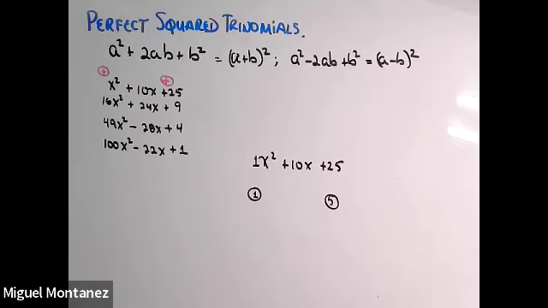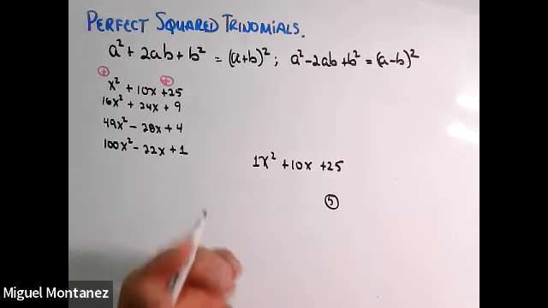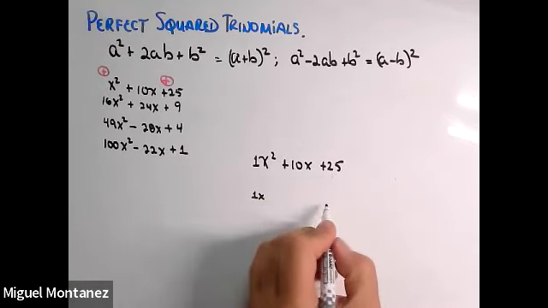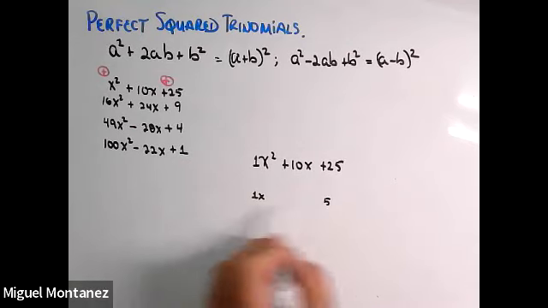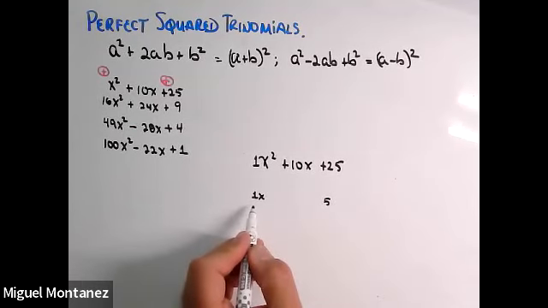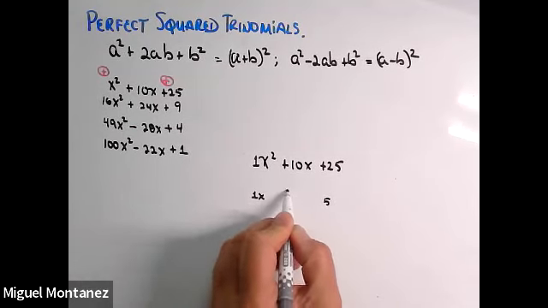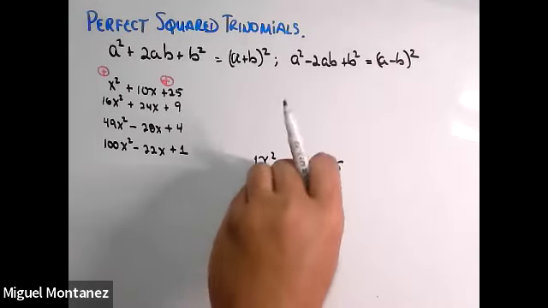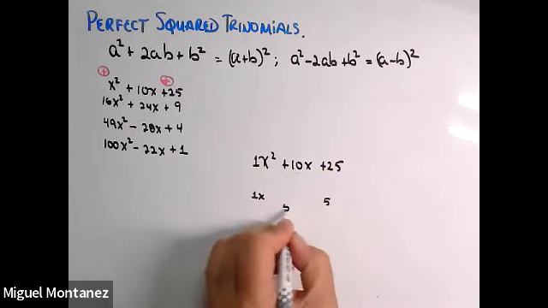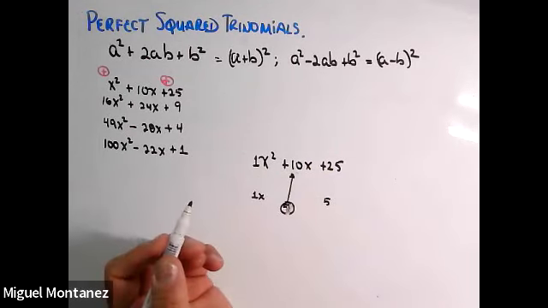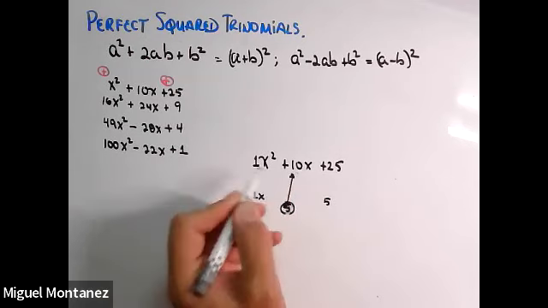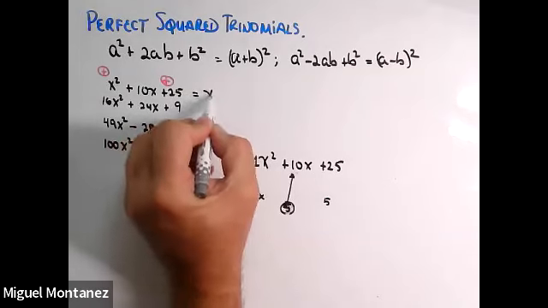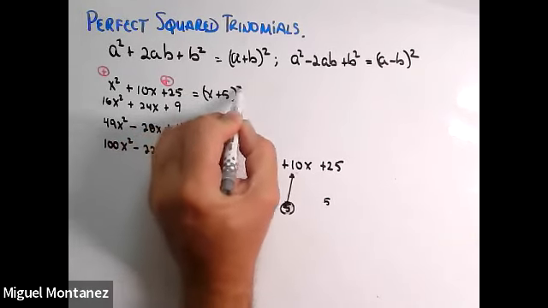If I multiply these two numbers, 1 times 5 is 5. If I double it, it gives me 10. That means this one is a perfect trinomial, so it factors as (x plus 5) squared.